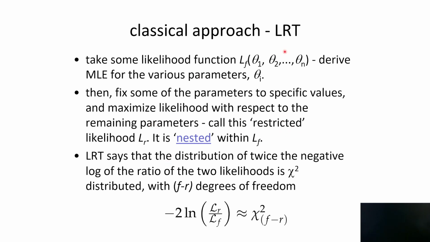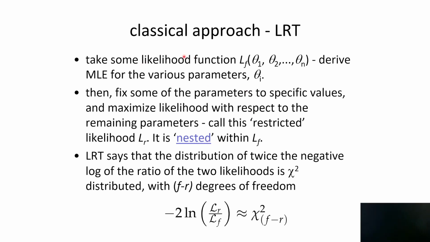All right, so in the first model, you've got lots of different parameters. Let's say time-dependent parameters. And then in a second model, you restrict them. Maybe you make them constant over time. And so we'll call this restricted model little r, and therefore the likelihood for that restricted model little r is nested within the model where you allowed things to vary over time. Okay, now we'll get to what we mean by nestedness in a second.